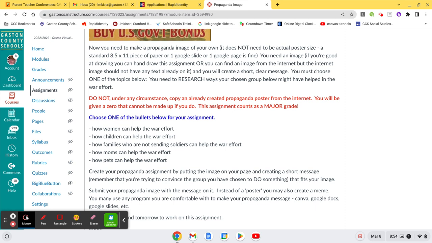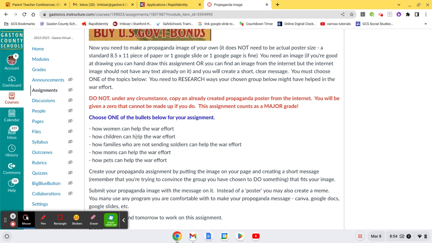In other words, women could help by growing some of their own food. That way, some already existing food supplies could be sent to the troops instead. So the women could use their gardens to feed their family. So you might do an image in a cornfield or a vegetable garden with a woman hoeing the garden. And your message would be help send food to troops by growing your own food for your family, something like that.